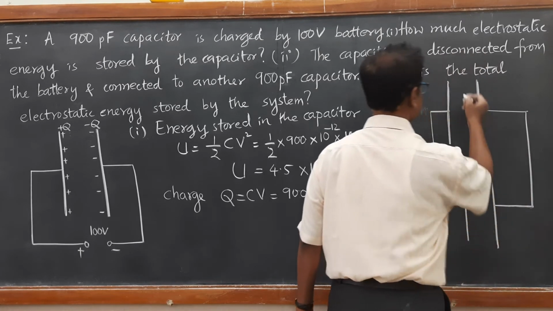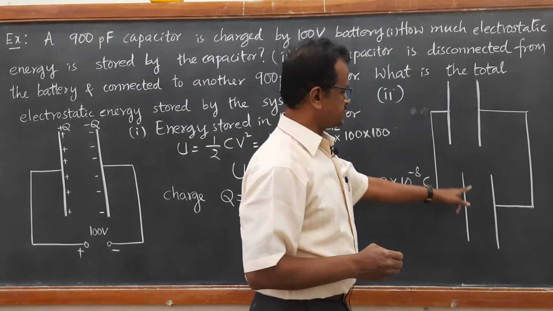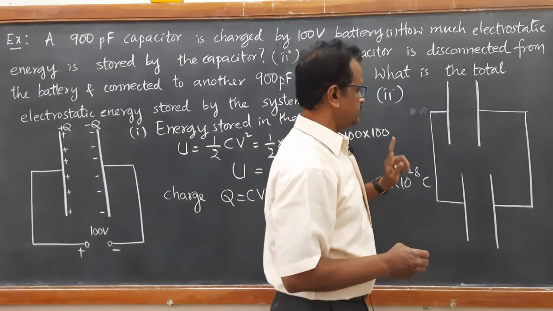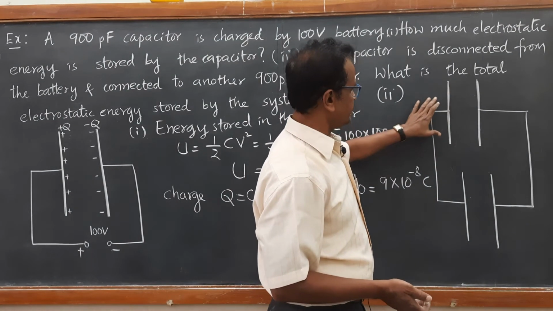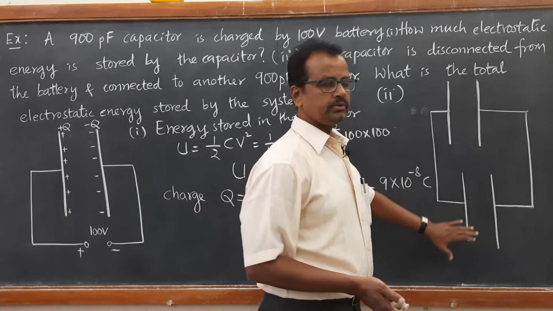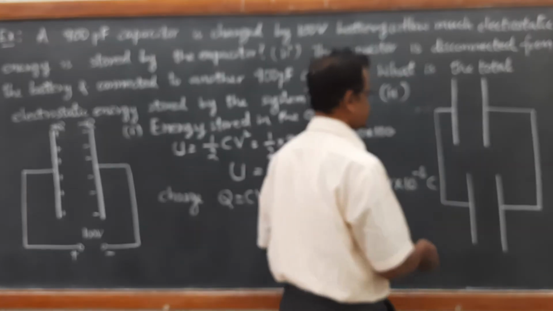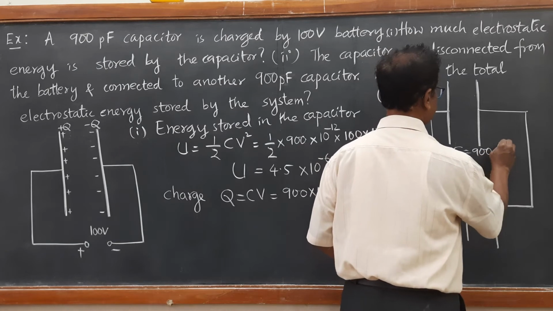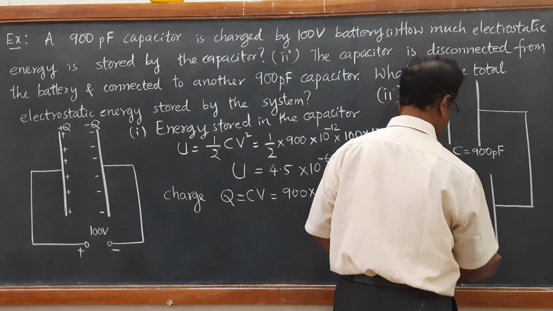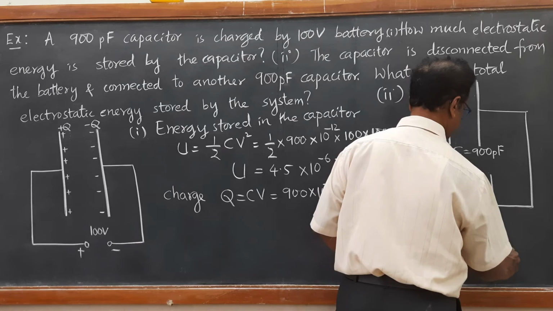Now, this is fully charged with Q and this has 0 charge. When it is connected, what happens? The charges start flowing from the first capacitor to the second capacitor. Both are of the same capacitance, C equal to 900 picofarad.